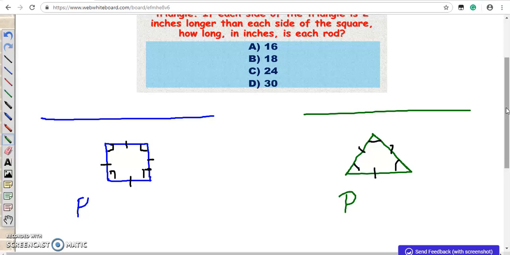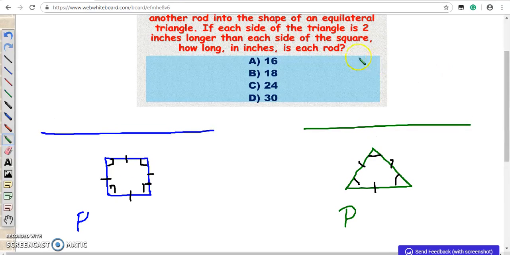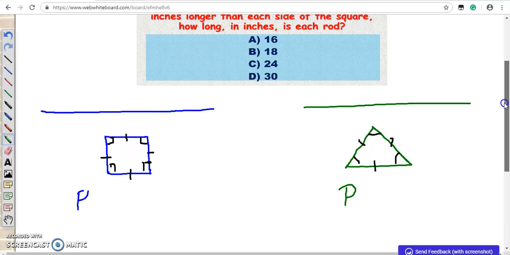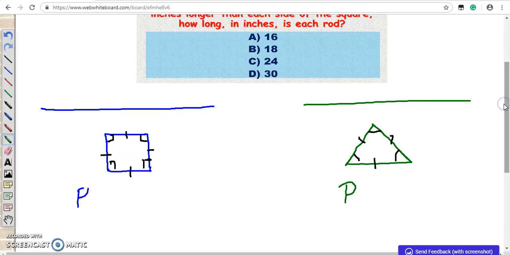Now what information do we have? We have that each side of the triangle is 2 inches longer than each side of the square. So we do not know how long is the square or how long is the triangle, but we know that each side of the triangle is 2 inches longer than each side of the square.